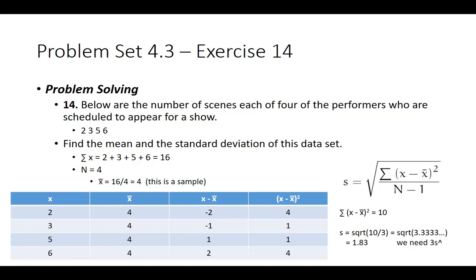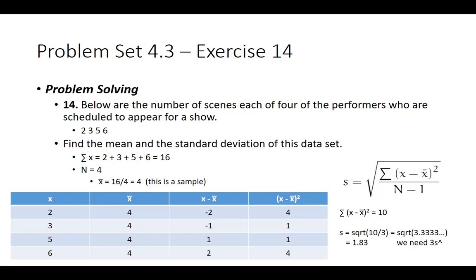Number 14 says below are the number of scenes each of 4 of the performers who are scheduled to appear for a show. So 2, 3, 5, and 6 are the number of scenes of each of 4 of the performers who are scheduled to appear.